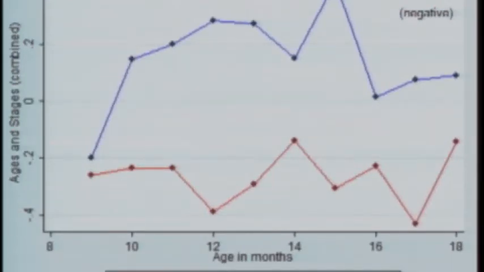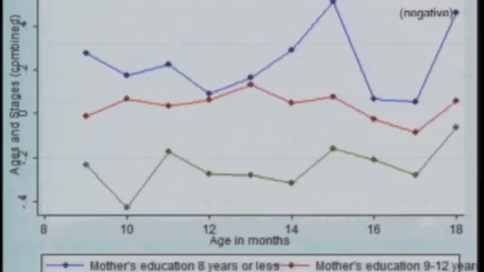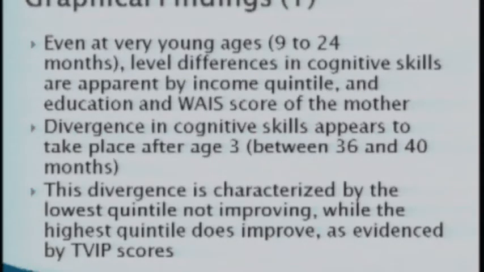Likewise with maternal schooling. Another negative indicator, the ages and stages indicator, pretty strong difference over the early months of life by quintile. Pretty strong difference between mothers having a lot of schooling and have intermediate or limited schooling.